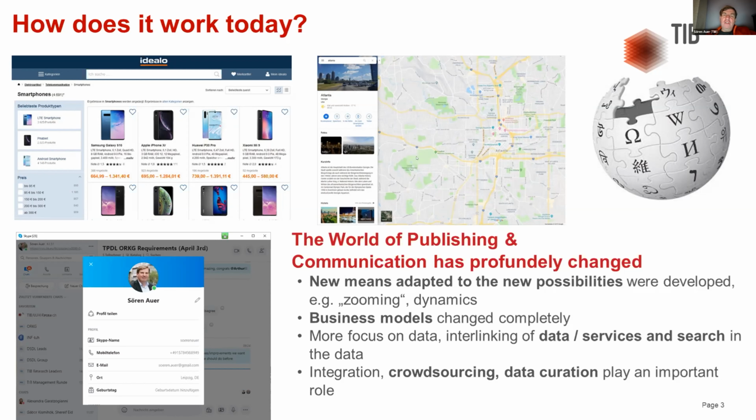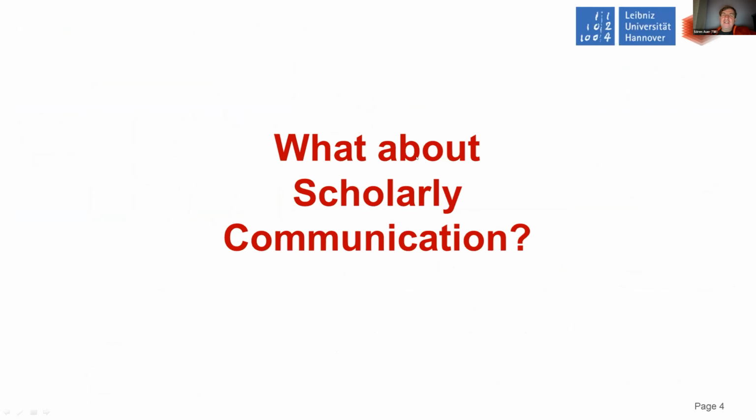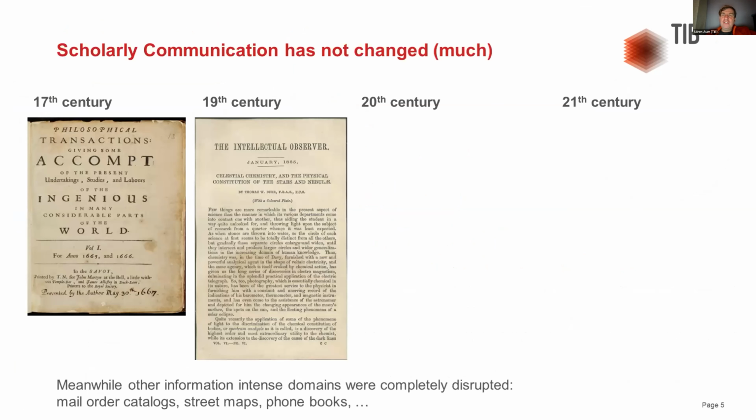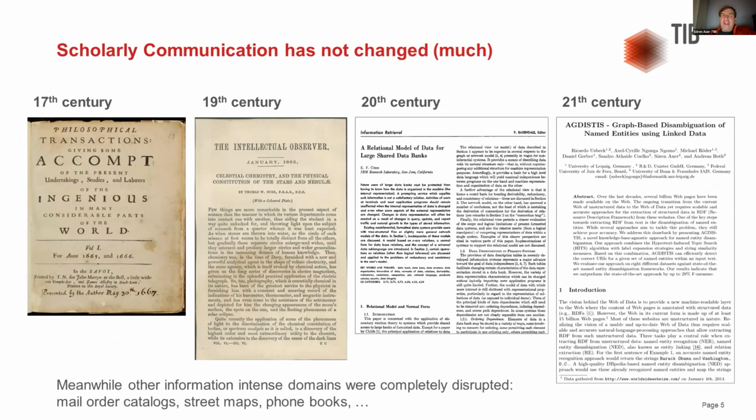And now, how does it look in science and in scholarly communication? If we look at how scholarly communication has changed over hundreds of years, it actually didn't change much. The typography changed a bit. Of course, we can now access these publications as PDF articles over the internet much faster. We don't need printing and mailing of books and journals.